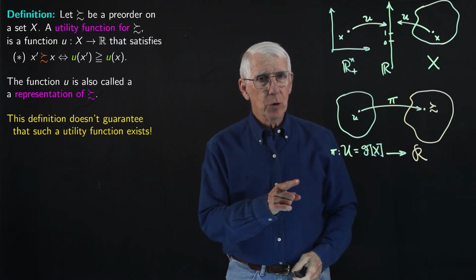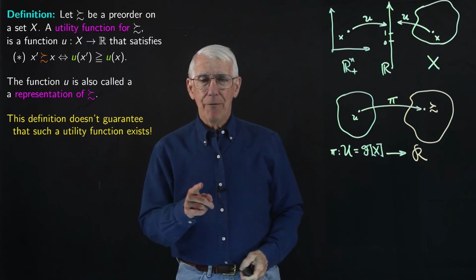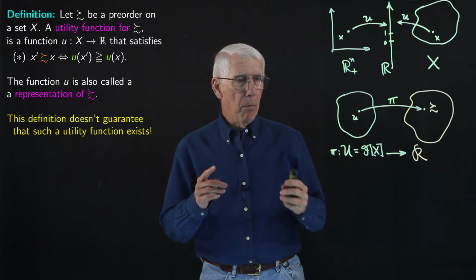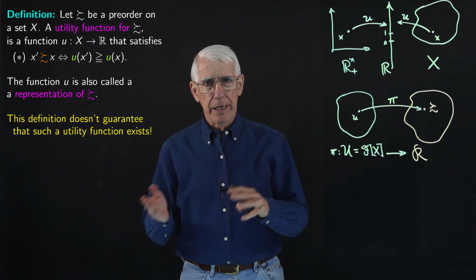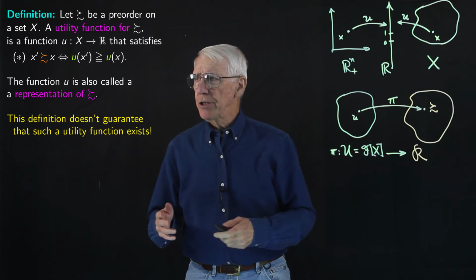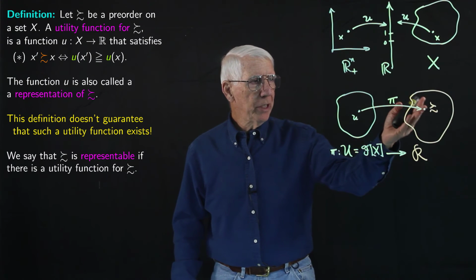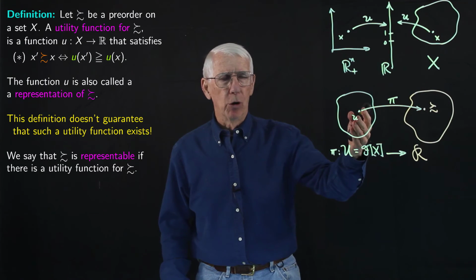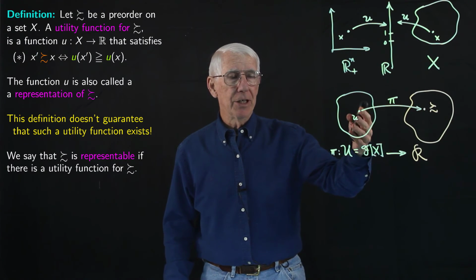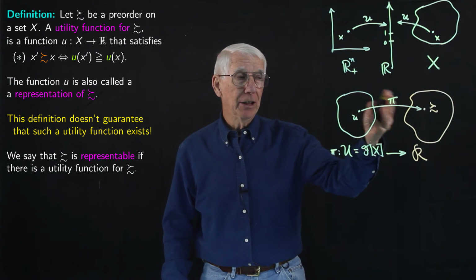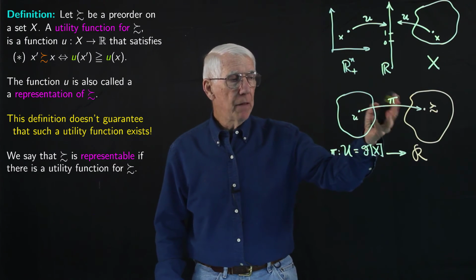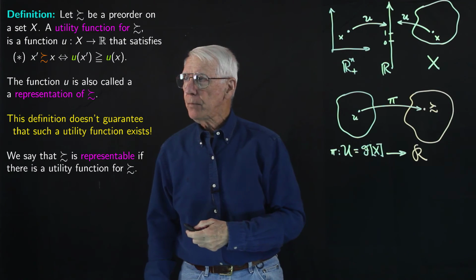That issue arises often in modeling decision-making in economics and game theory, and so we actually have a name for that. We say that the pre-order is representable if there is a utility function representation for it, if there's a utility function that goes along with it.